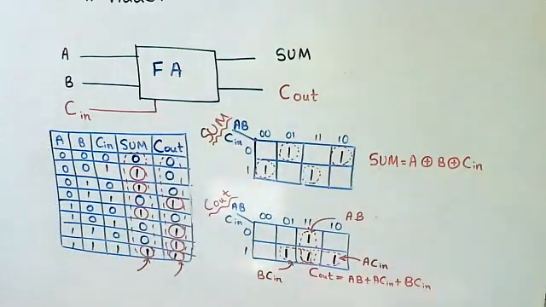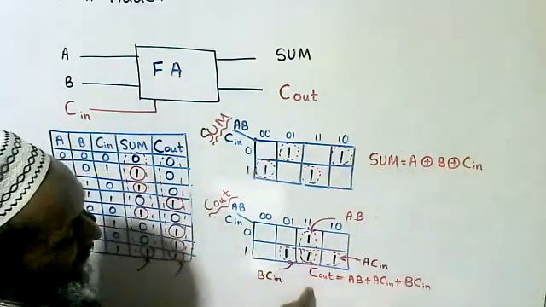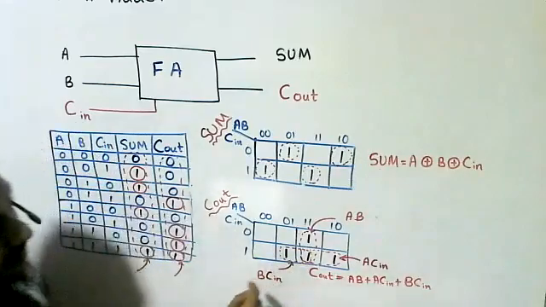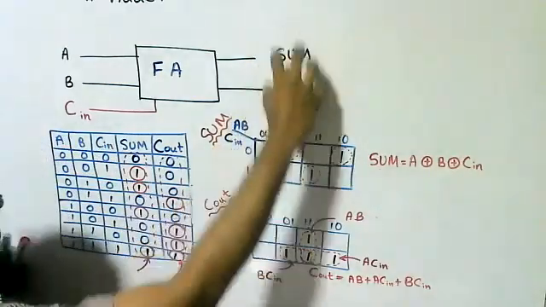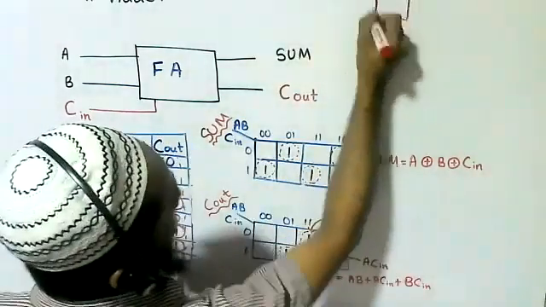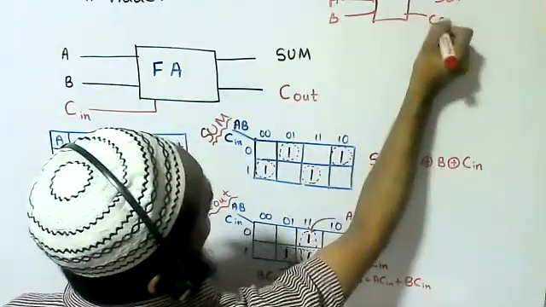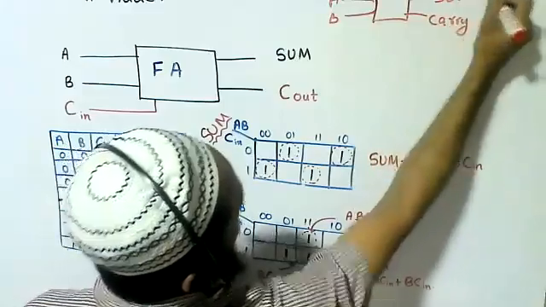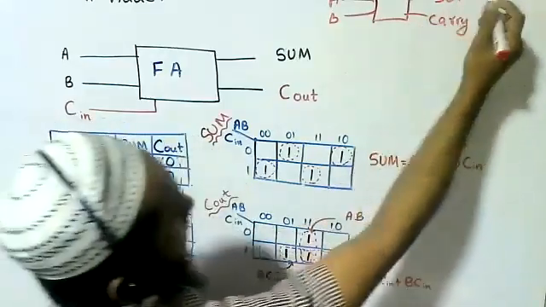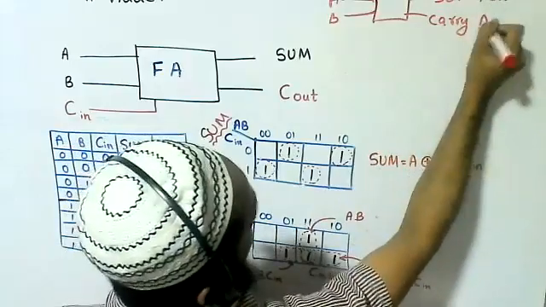Now we can draw the circuit. We already have an expression for sum and an expression for C out. As earlier, we have sum and carry in the half adder, with inputs A, B. For sum we got the XOR gate, for carry we got the AND gate, isn't it?